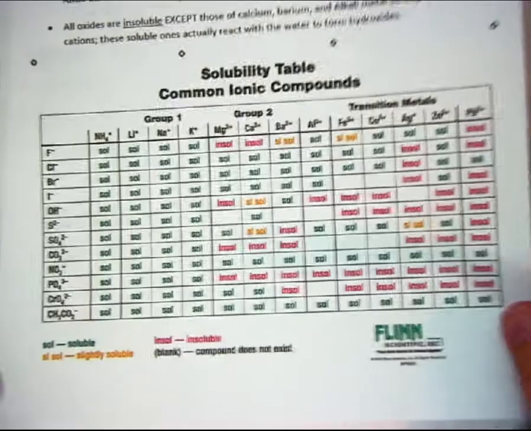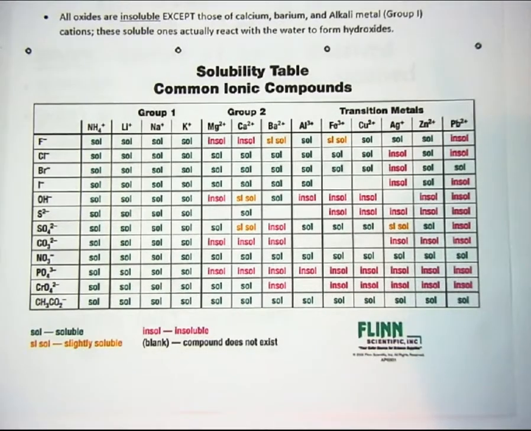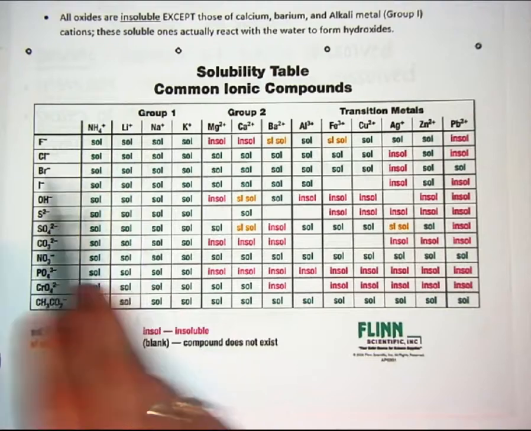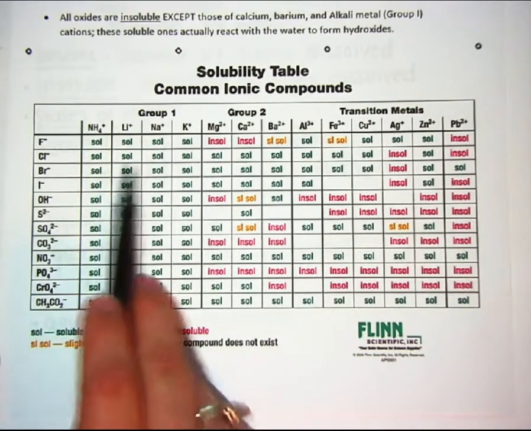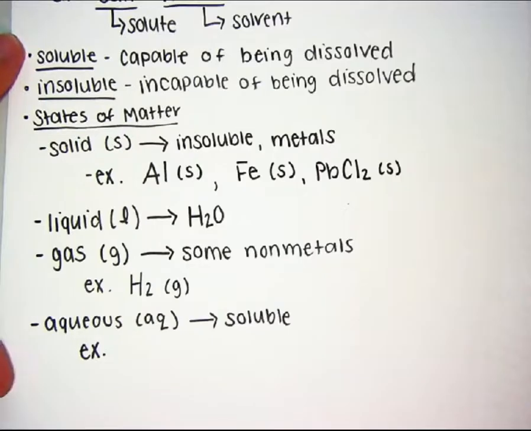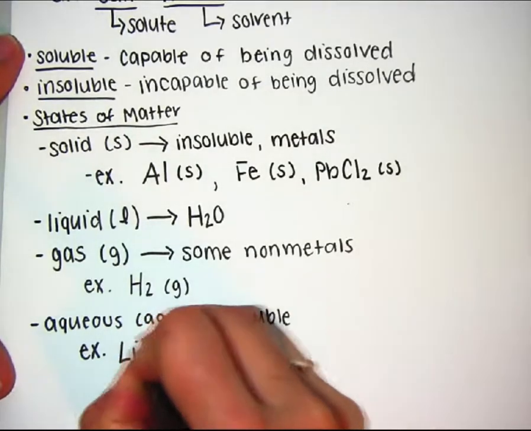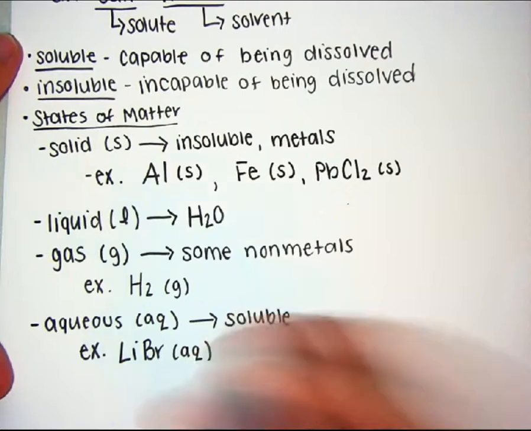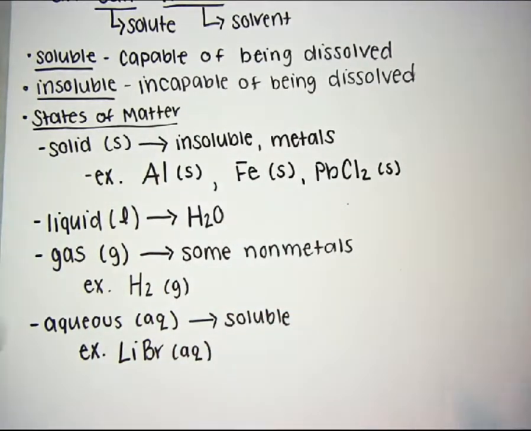Going back to my solubility table, let's say I had lithium bromide. If I find lithium and I find bromine, see where they intersect. Lithium bromide is soluble. Since it is soluble, we would write the AQ afterwards.